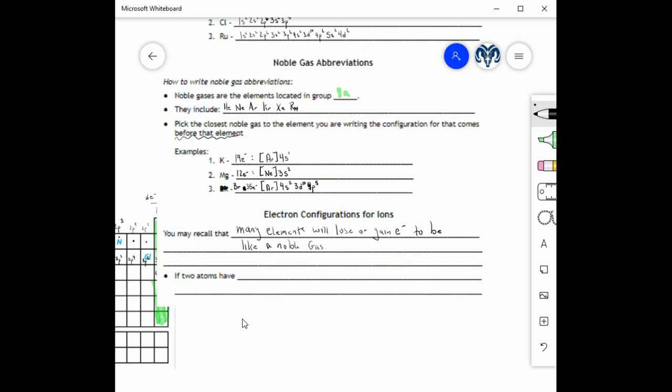There's a lot I just said in that sentence, but go back and listen to it if you need to. So if two atoms have the same number of electrons, they are isoelectronic.